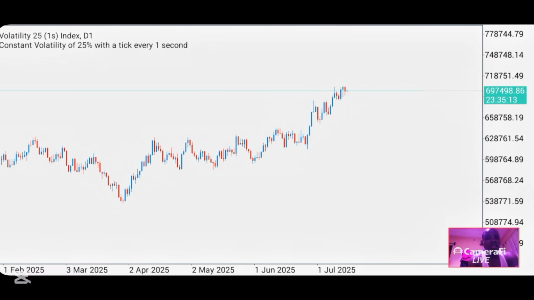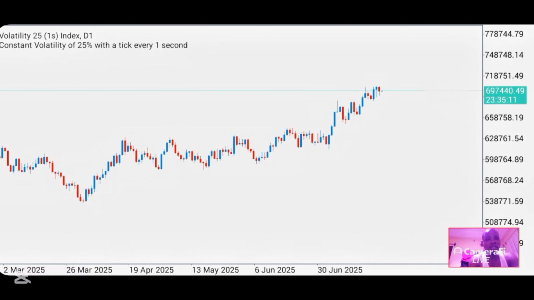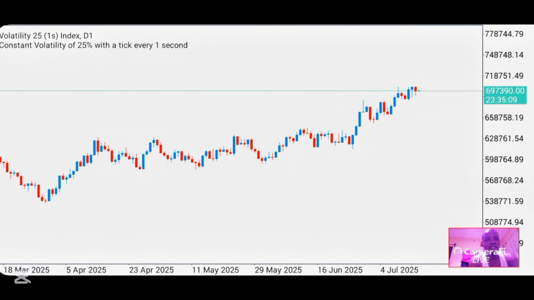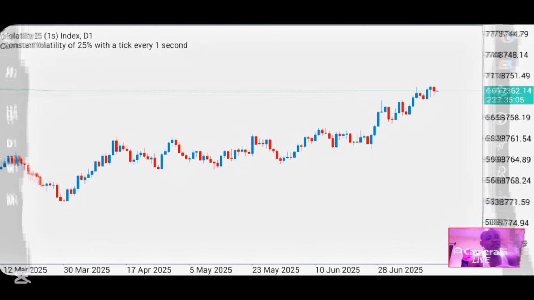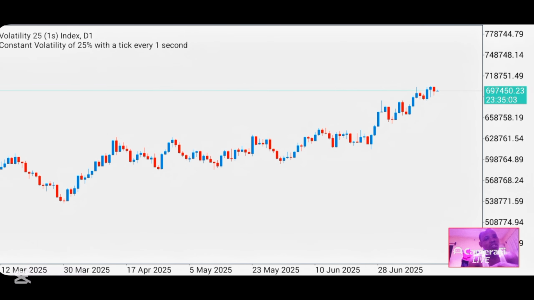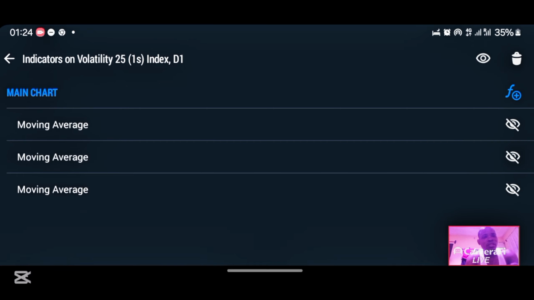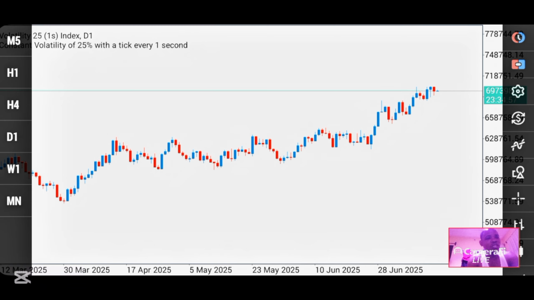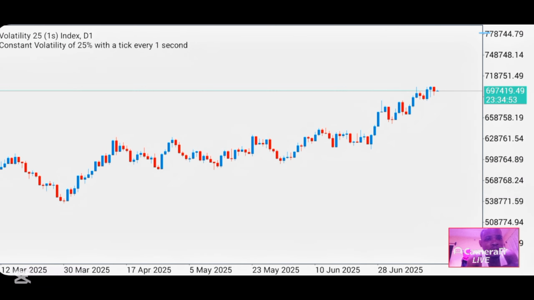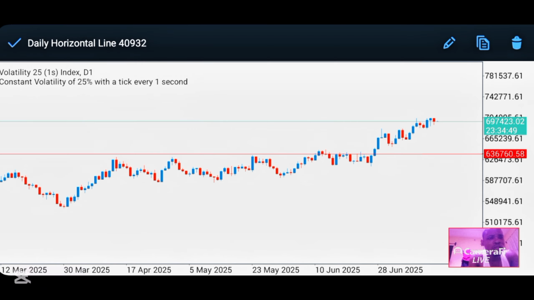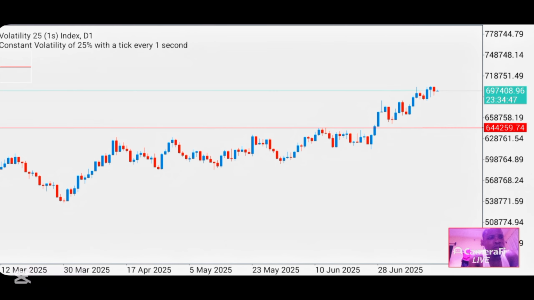As you can see in the daily time frame, in this market we have support and resist level.